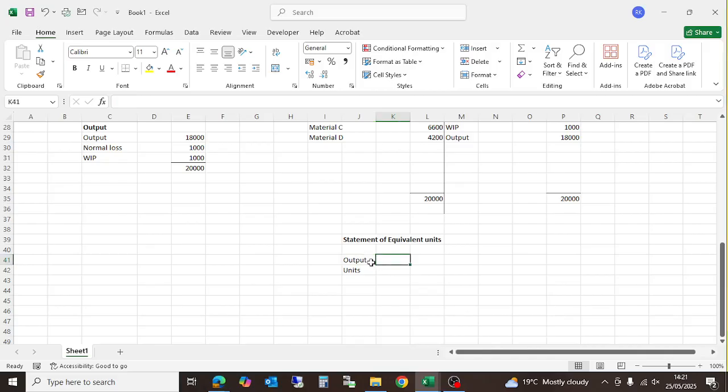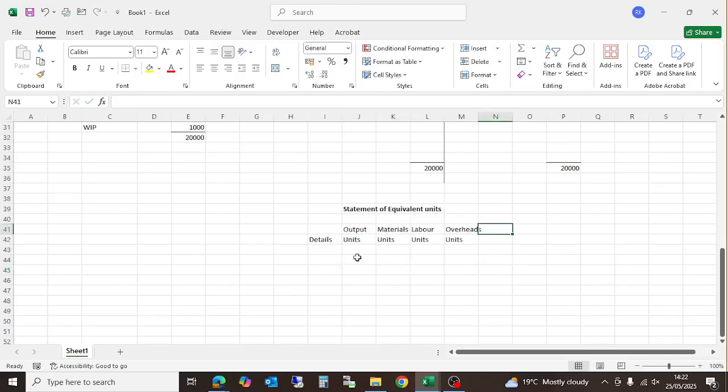So we have output, and then I'll bring in my materials, my labor, and my overheads, and then I'll just pull these units. Then here I can say details. All right, I believe it looks okay now.